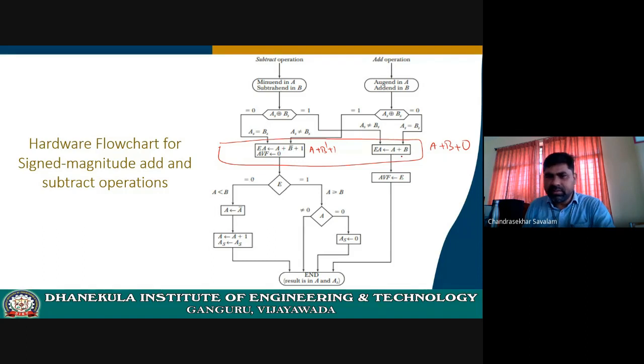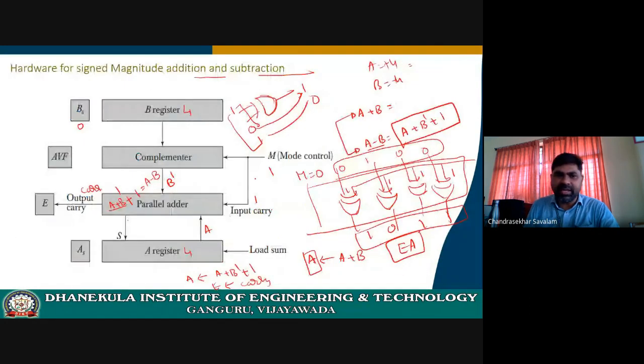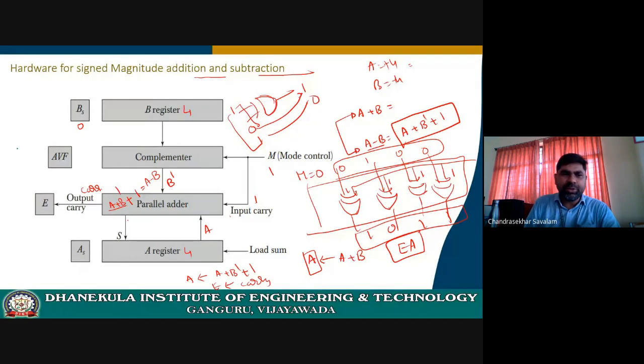As I explained in the hardware diagram, students, if you want to do addition, simply set M equal to 0. M equal to 0 means you are going to achieve A plus B plus 0. Here we are applying the M signal to one input of each exclusive OR gate.